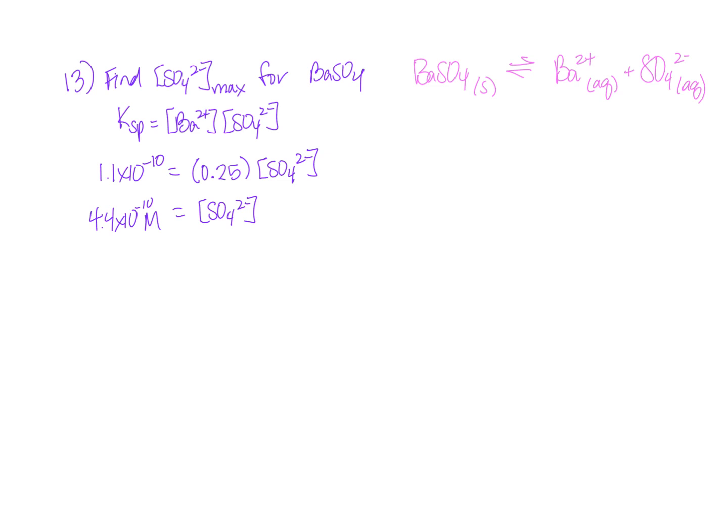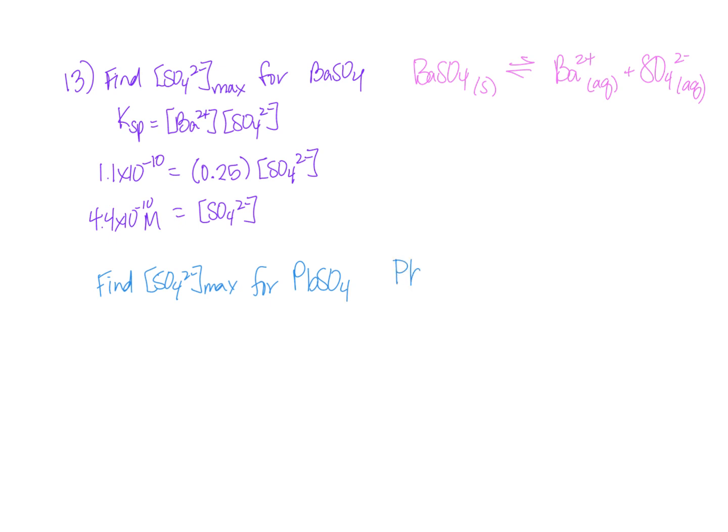And then we are going to do the same thing, but for the PbSO4. So now we're going to find the SO4 2- max. What's the maximum amount I need to get the precipitate to start forming of the PbSO4?